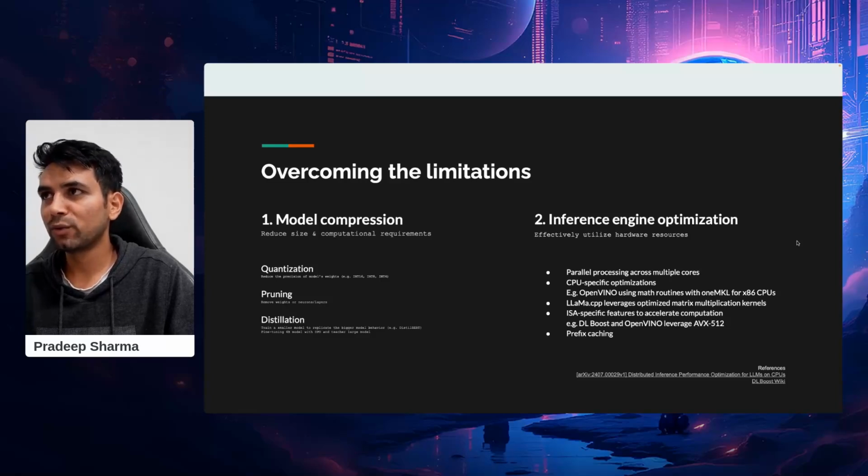For example, OpenVINO does that, and there are other libraries as well which will help you optimize your LLM inference for a specific CPU, and leverage ISA-specific features available in modern CPUs, for example, AVX-512. And one example is Llama CPP, which optimizes matrix multiplication using matrix multiplication kernels.